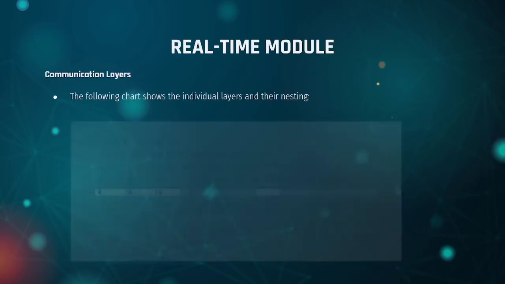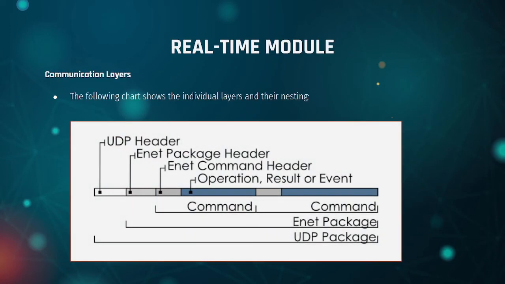Then you will see the UDP header, the init package header, the command header, and then you have the operation, the result or event, and then there is a command.